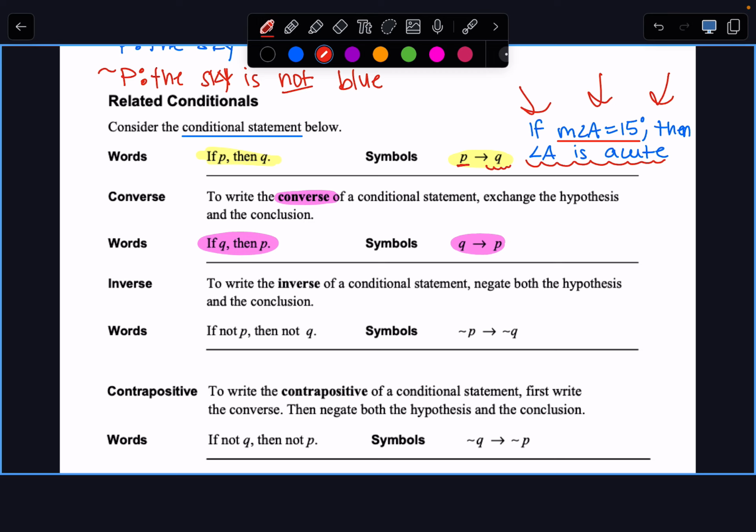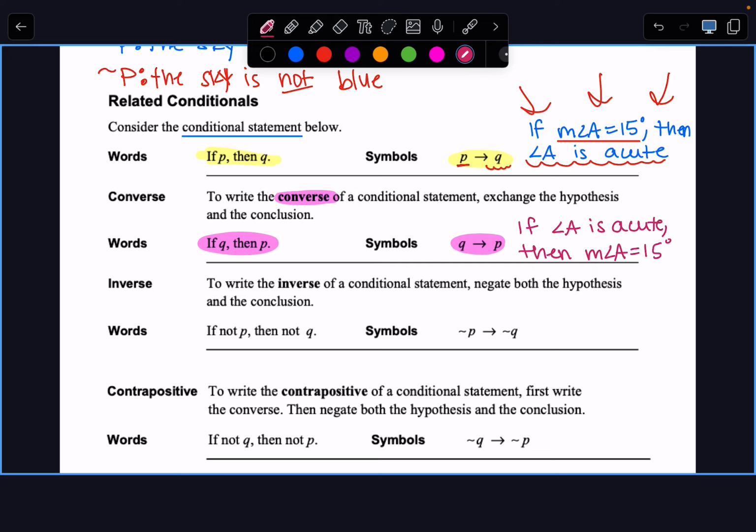So we are going to write if angle A is acute, then the measure of angle A is 15 degrees. Q and P switch places. Okay.